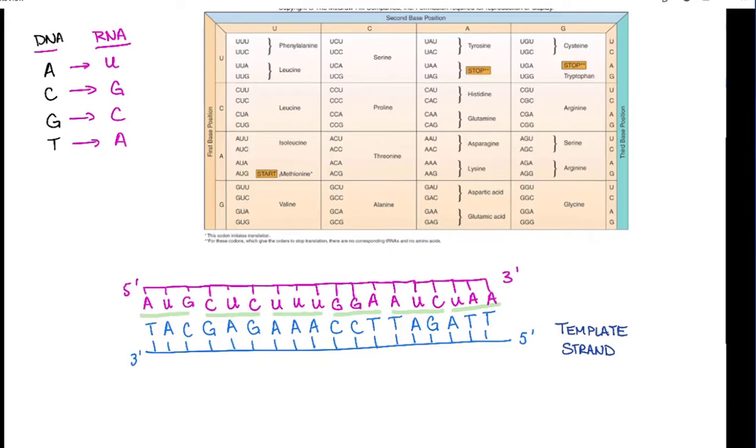So again, I start with AUG, which seems to be the start thing that I keep starting with. So that's going to be methionine. Now I'm going to link methionine to whatever CUC codes for. CUC codes for leucine. And now UUU. Come up here, UUU codes for phenylalanine.